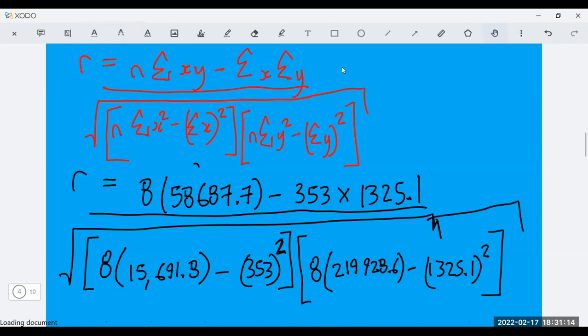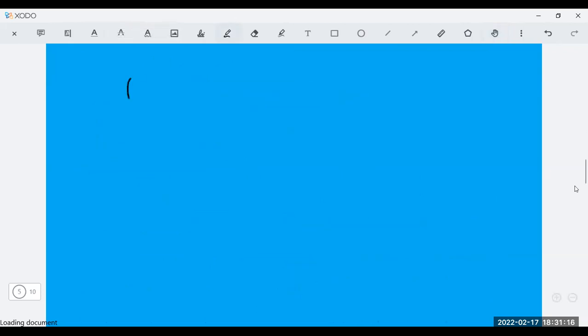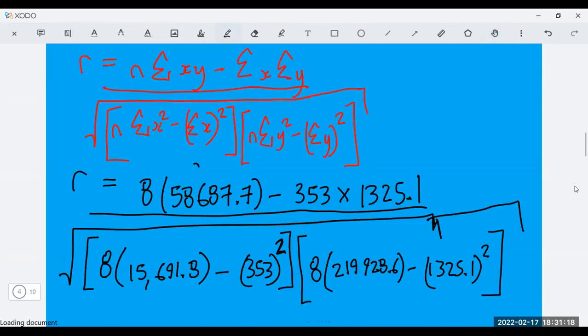Simplifying the numerator, this is going to give us R is equal to, so putting in the numerator in our calculator, 8 times 5868.7 minus 353 times 1325.1. When you're putting this in a calculator, Jamie, I want you to make sure that you put a bracket round 353 and a bracket round 1325.1.